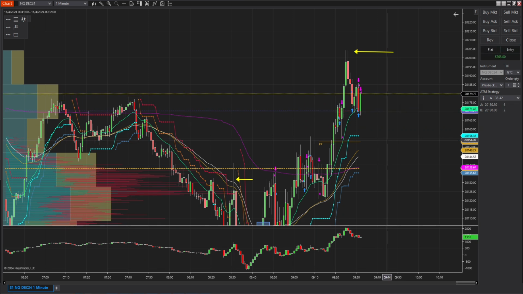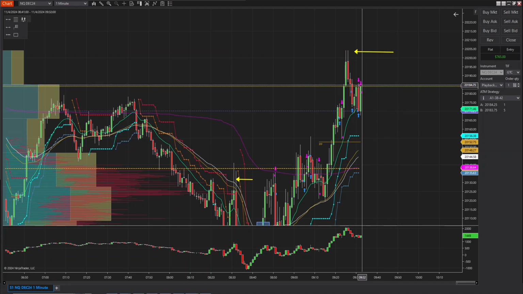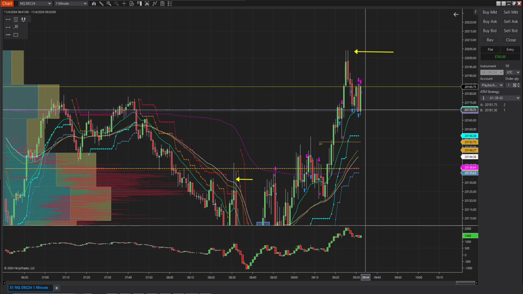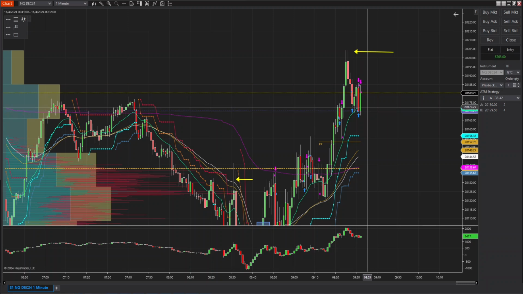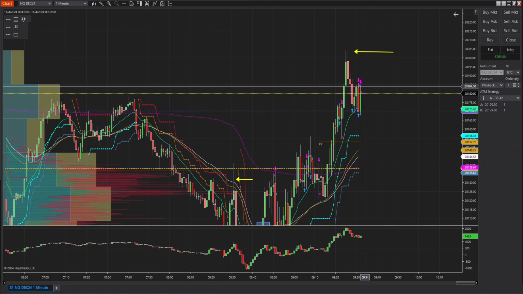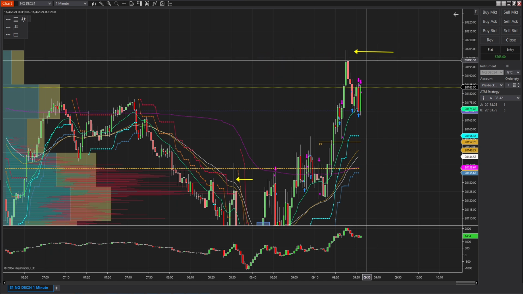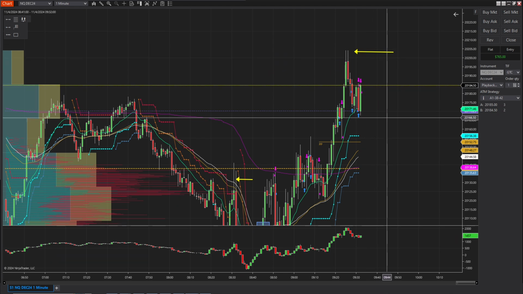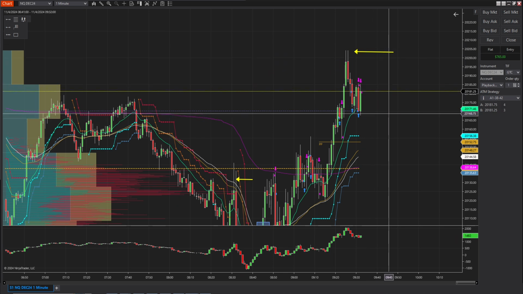Target filled. Now I could go short here again, expecting it to oscillate one more time here, but the stop for that will be quite wide, so I'm not going to take that trade right now.